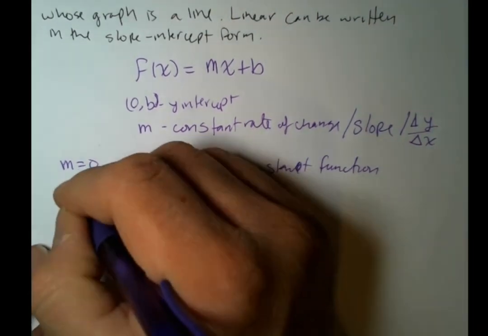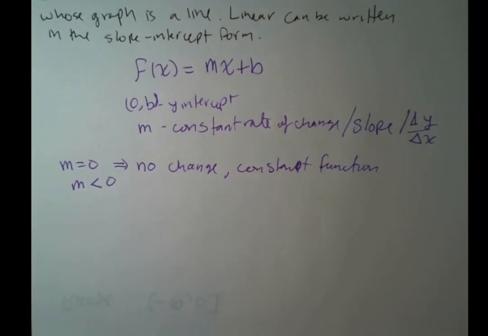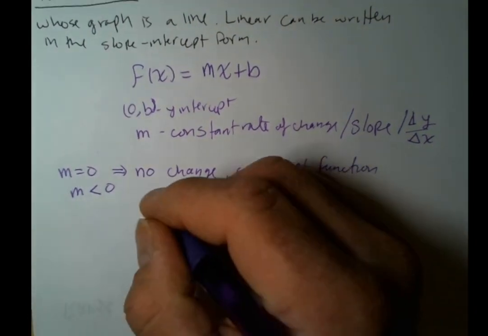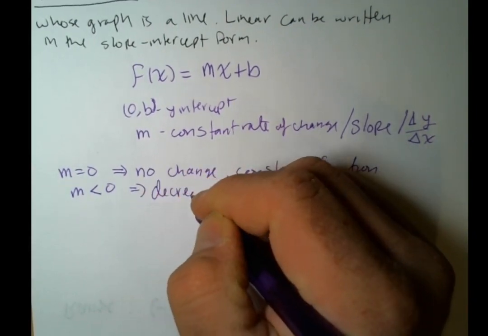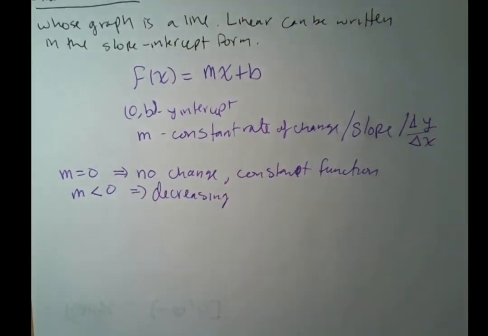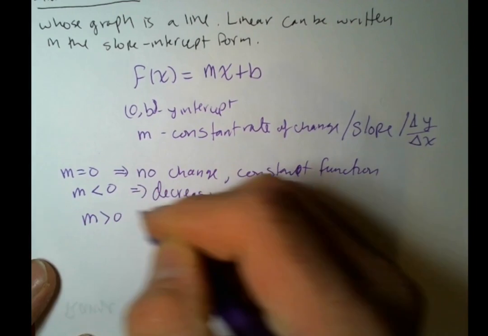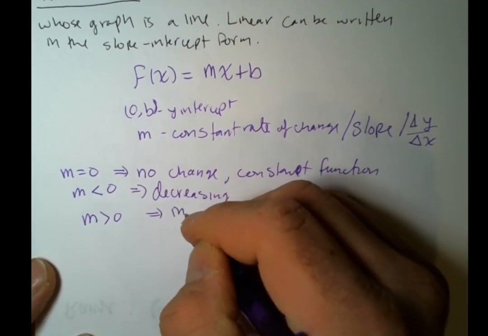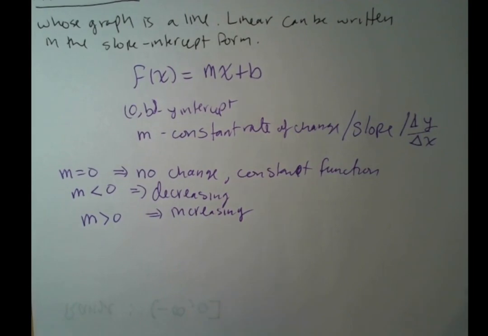If m is negative, less than 0, then it is decreasing, which corresponds to a negative slope. If m is positive, then that corresponds to an increasing linear function, and we have a positive slope.